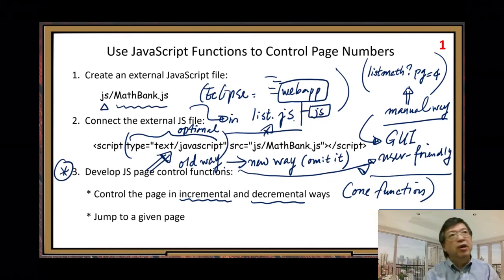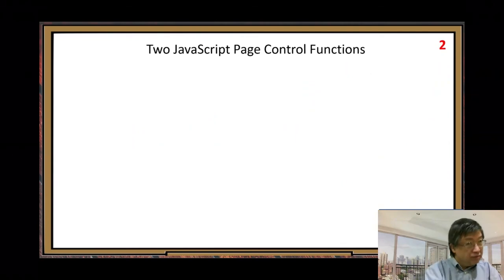You don't want to navigate from page 1 to 300-something, one after another. That's not user-friendly, not efficient. So we need this second function, the jump to page function.